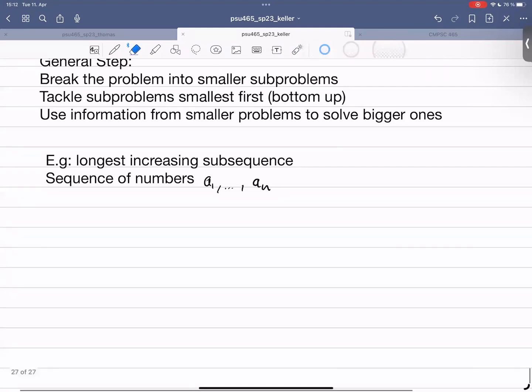And you want to find an increasing subsequence. I'll show in a second what that means.